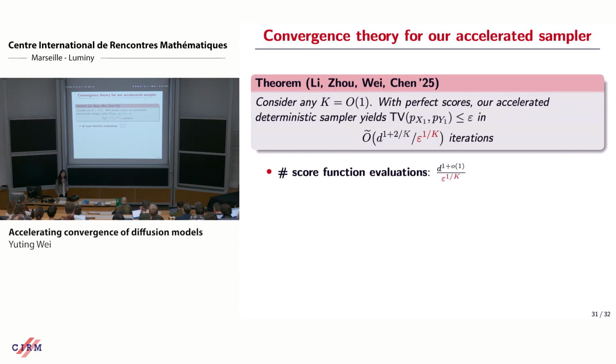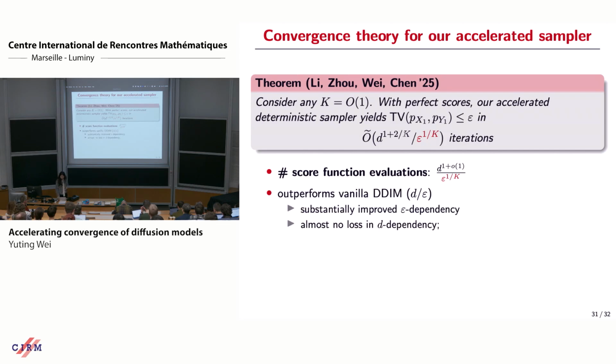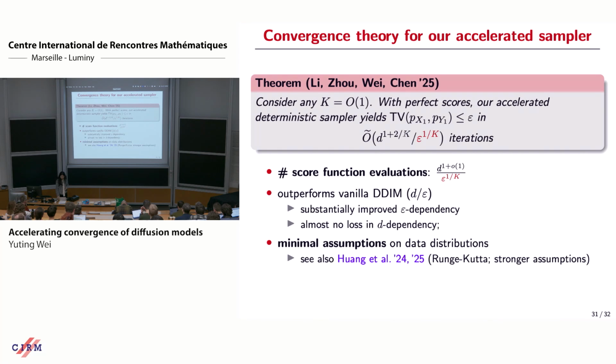Of course, this increases the number of score function evaluations. We need to trade off between these two. If you prefer a convergence result instead of iteration complexity, this convergence result can be described as the TV distance being bounded by d to the 2 plus k divided by t to the kth power.